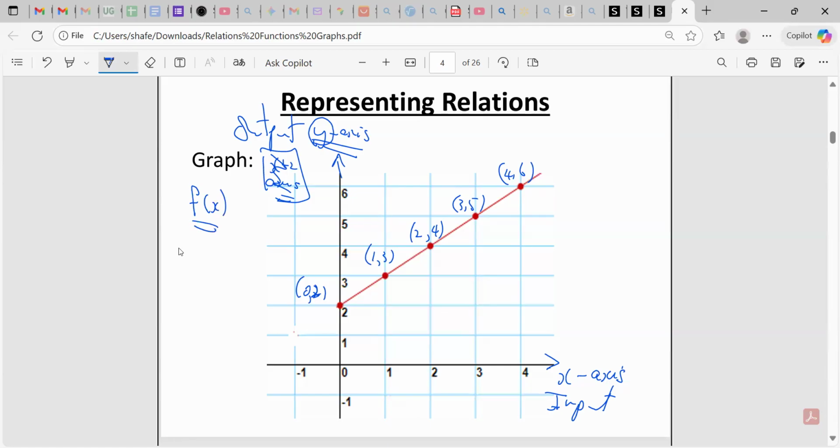We'll come to that. But I want you to see how we plot the points 0, 2 and 1, 3. So 0 on the input axis or the x-axis, anywhere along here, x is 0. And y or the output is 2 anywhere here.